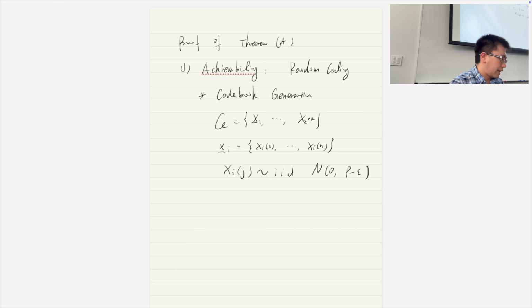So again, it's still the same as before. We can consider this as a 2^{nR} by n matrix, where each row is a codeword. Now let's define the encoding.